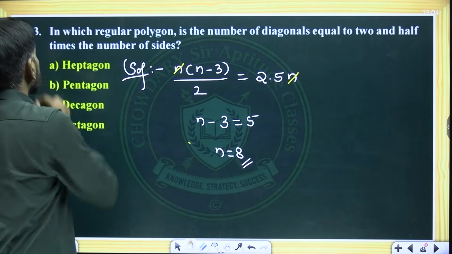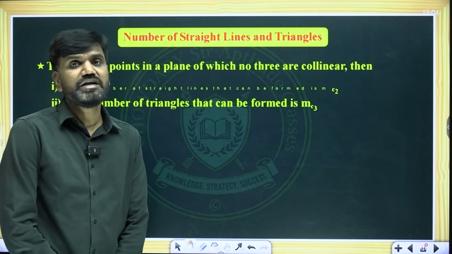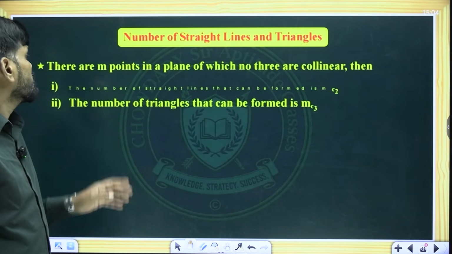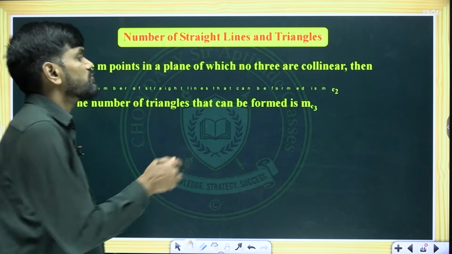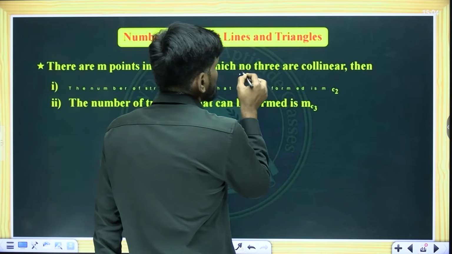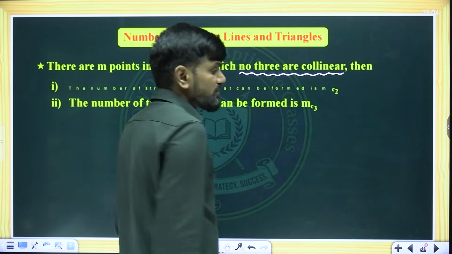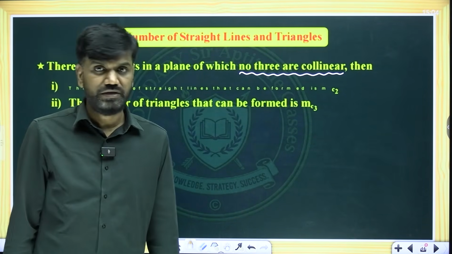Next concept, counting the number of straight lines and number of triangles. So there are n points in a plane of which no three are collinear. Collinear points are those which lie on the same straight line. So there are n points in a plane of which no three are collinear.